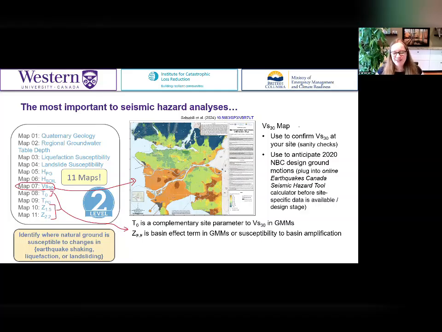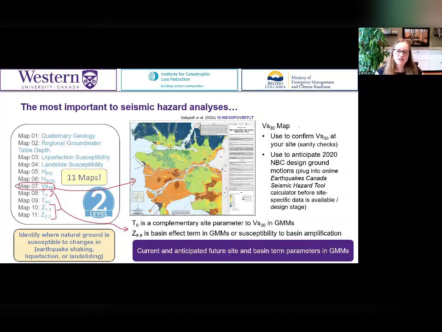And usually a basin depth term, or Z term, is also included in ground motion models. Basically, these three parameters, VS30, site period, and Z depth factors, are the current and also anticipated future important parameters that capture site effects. So we made these maps to be useful to seismic hazard analysis now and also in the near future.